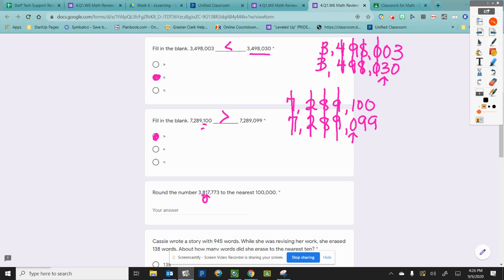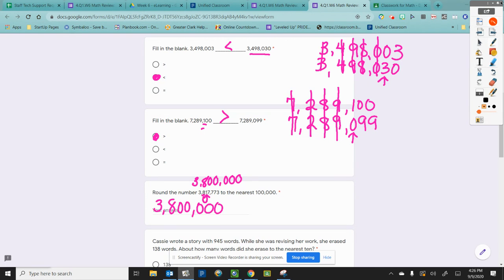So that 8 will stay the same. Everything after the 8 becomes zeros, and everything before the 8 stays the same. So your answer is 3,800,000. Okay, hopefully we got those without any problems.